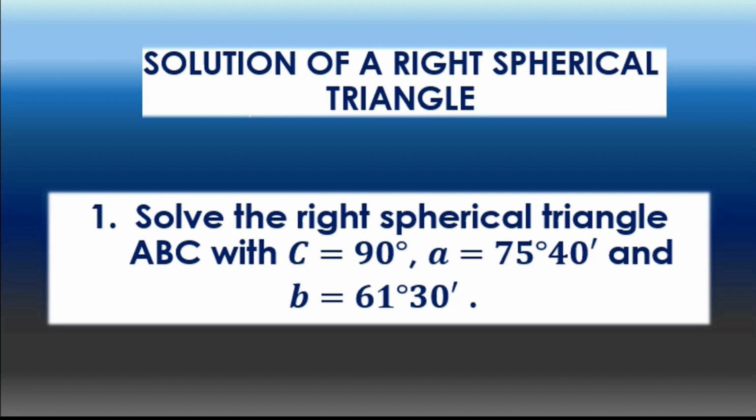All are in degree measure because the sides of a spherical triangle do not look like line segments like in an ordinary triangle. With a spherical triangle, the sides are actually arcs, which are parts of a great circle. Okay, so in solving this, let us switch to the black screen.